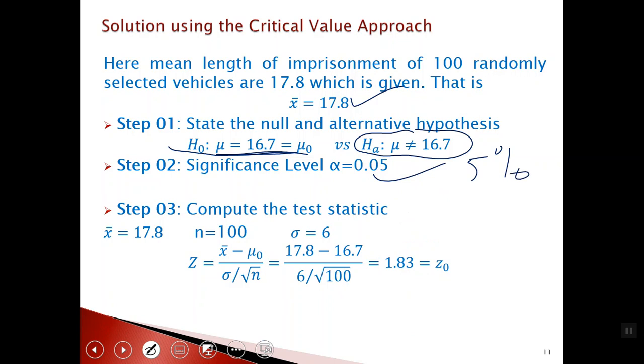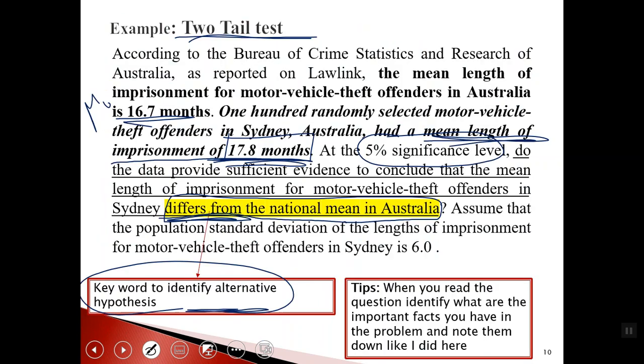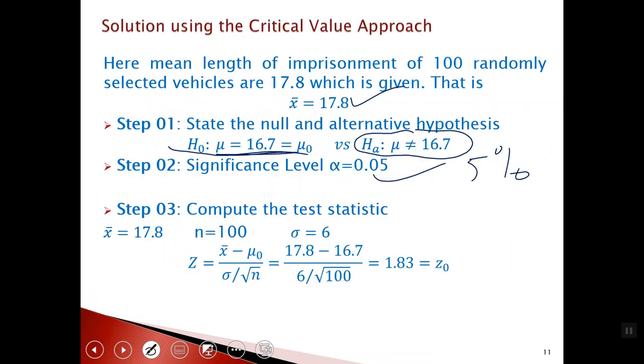Compute the test statistic. As always, they have given all the necessary information. x bar is given, the number of observations is 100, sigma, the standard deviation, is given. So plug all these values into this formula and calculate your Z naught.